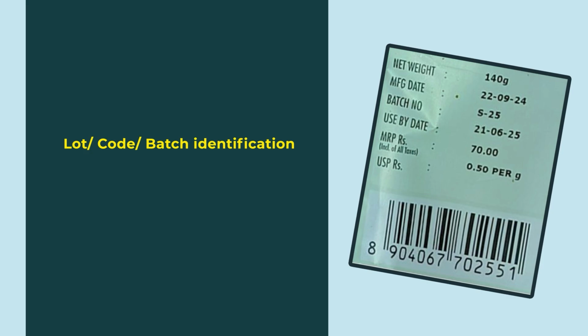So, that will help in case of any emergency or food recall. So, the lot number, code number, batch number are also to be mentioned on the food package. In the example, you can see that the net weight is mentioned, then the retail price is also mentioned there, lot number, batch number is also given there, and there is also barcode which may contain the information about the address of the owner or any other important information.